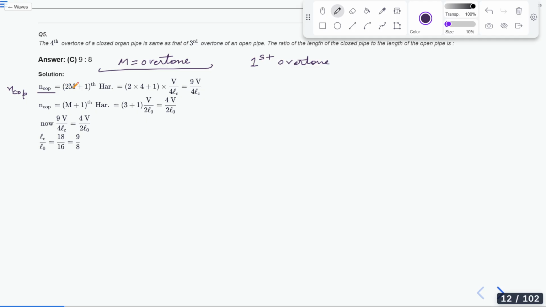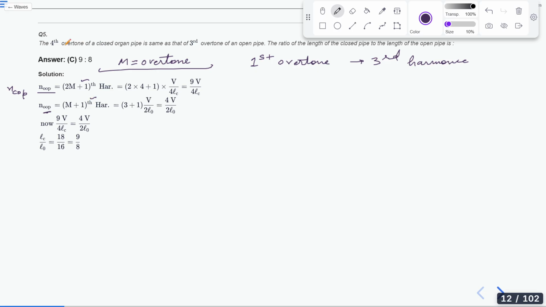That means 2 into 1 plus 1, that is third harmonic. First overtone is third harmonic. And in the case of open organ pipe, M is the overtone, first overtone is second harmonic. That is the formula. You can write it also, or the way I have explained in the previous slide, you can remember with that also.